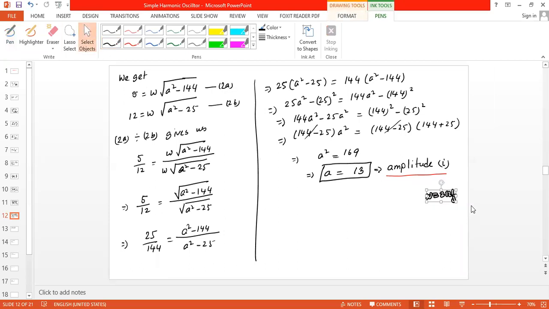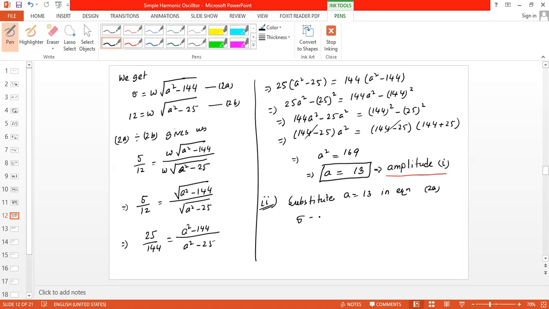So for part 2, what we'll be doing is substituting a equal to 13 in equation 2a. Equation 2a will give us 5 equal to omega square root of a square minus 144, where a square means 169.